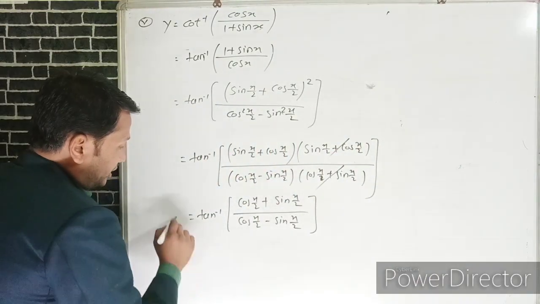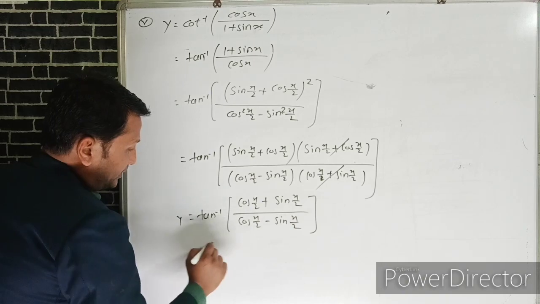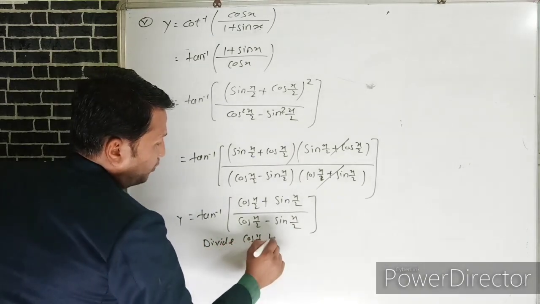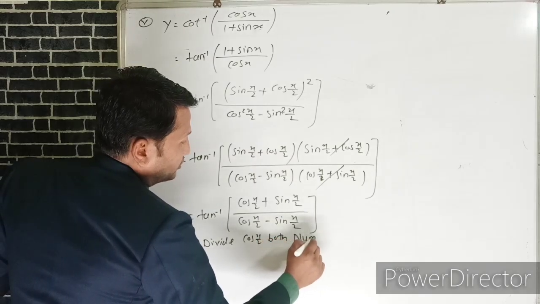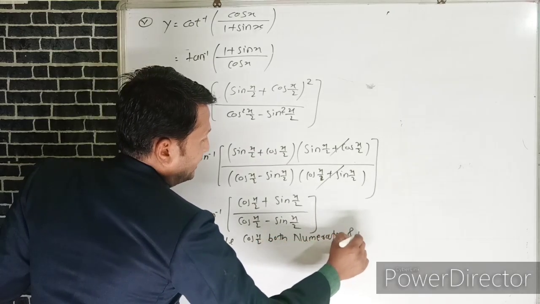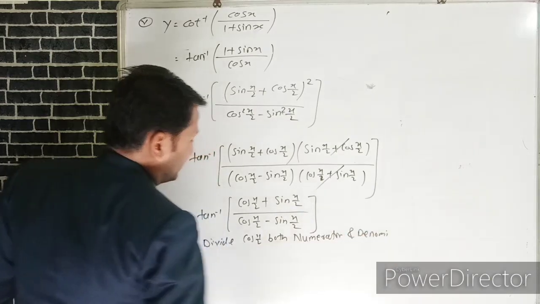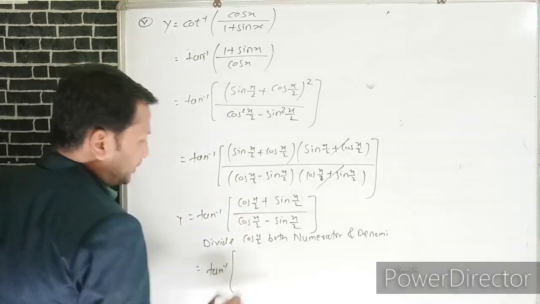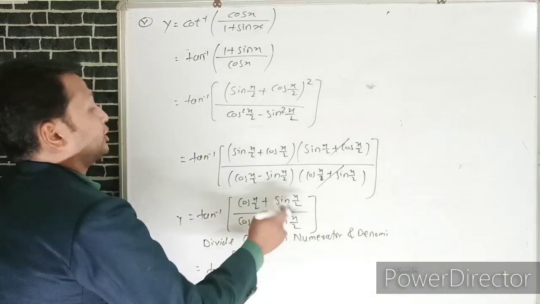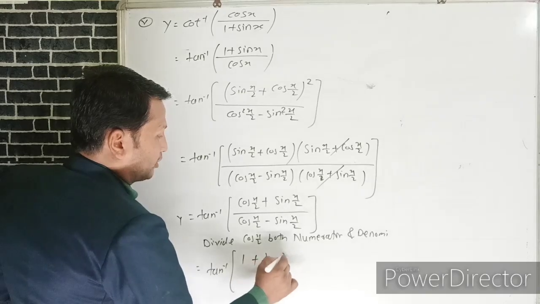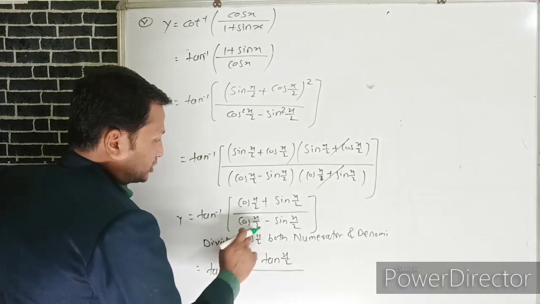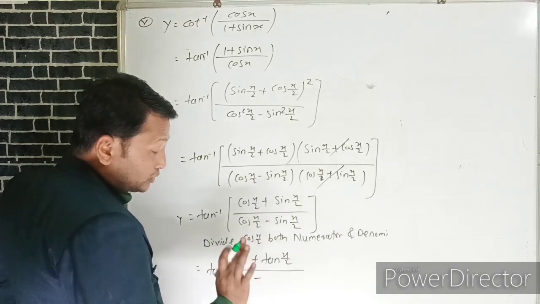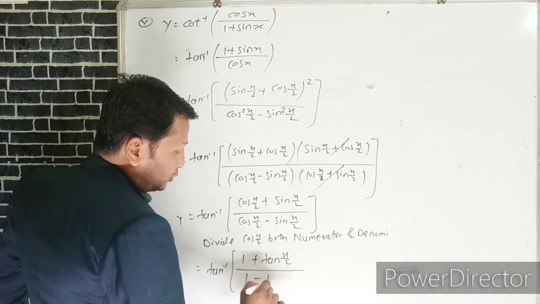First, if we divide both numerator and denominator by cos of x by 2, then we get tan inverse of cos of x by 2 upon cos of x by 2 is 1, plus sin of x by 2 upon cos of x by 2 is tan of x by 2, upon cos of x by 2 upon cos of x by 2 is 1, minus sin of x by 2 upon cos of x by 2, which is 1 minus tan of x by 2.